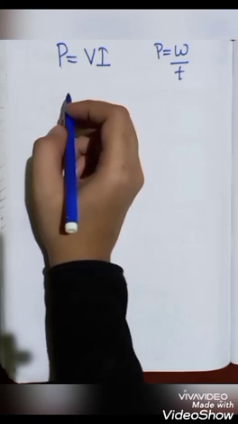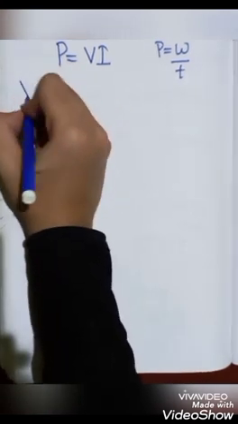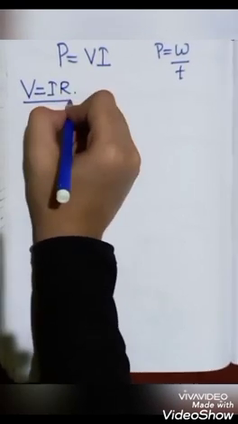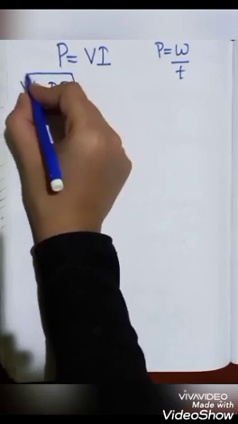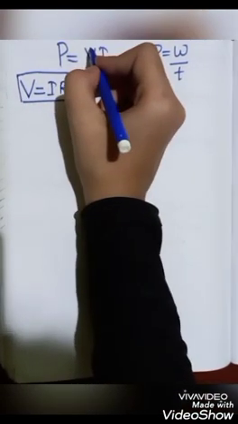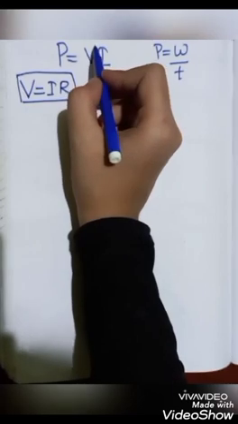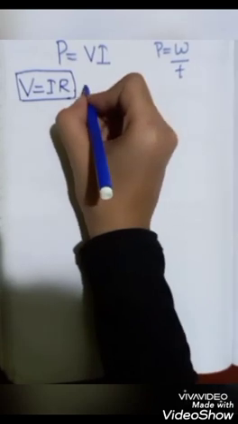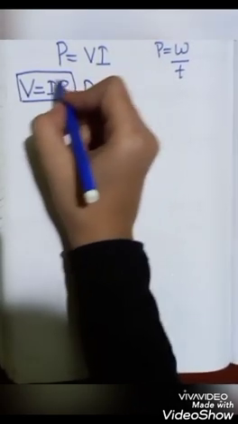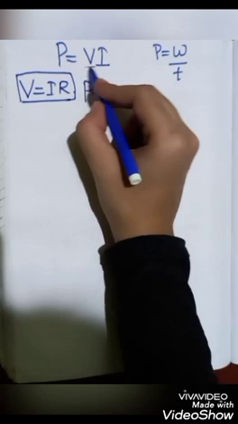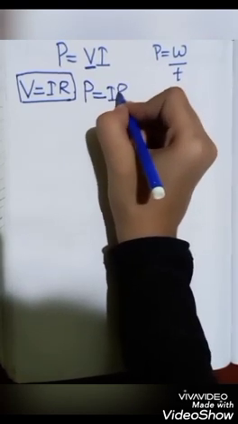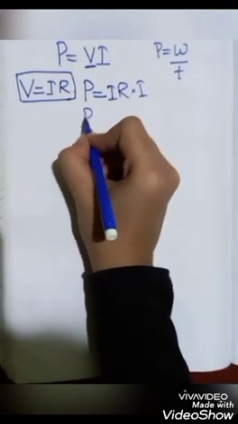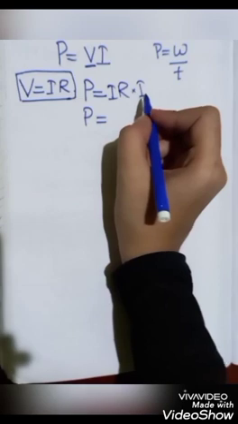It can be written in another form. According to Ohm's law, what is the equation? V is equal to I into R. I substitute this value for V in this equation. In the place of V, I am substituting I into R. Then P is equal to I into R into I. What is I into I?